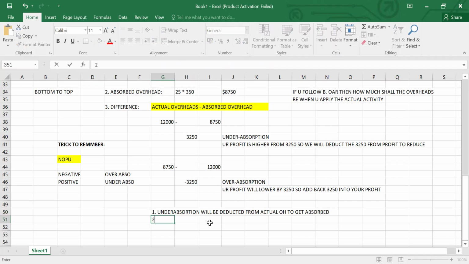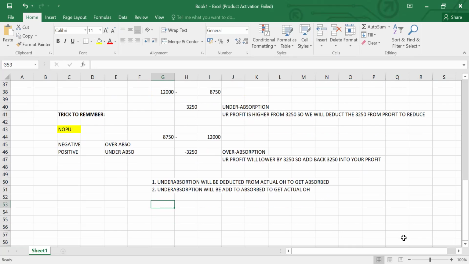Number two, under absorption will be added to absorbed to get actual. So you have to write these four lines yourself so you can remember them in the bottom to top approach. This is a very easy stage where students get confused and easily lose 2 marks.